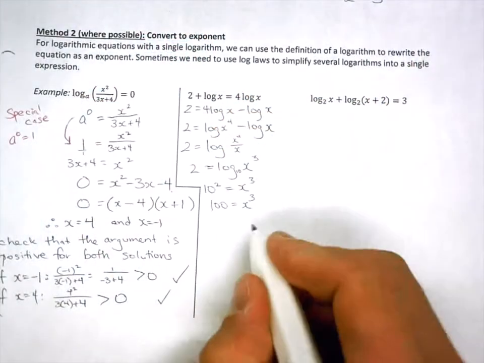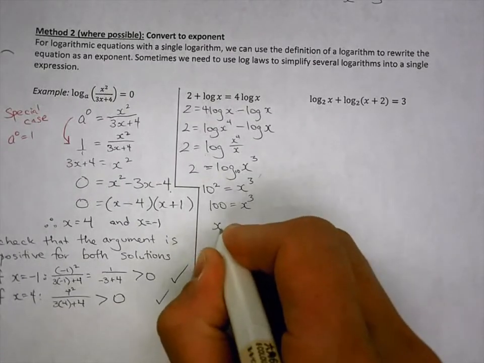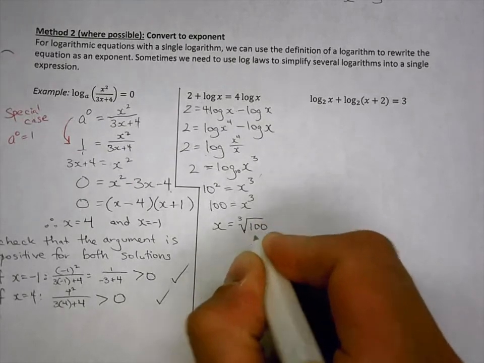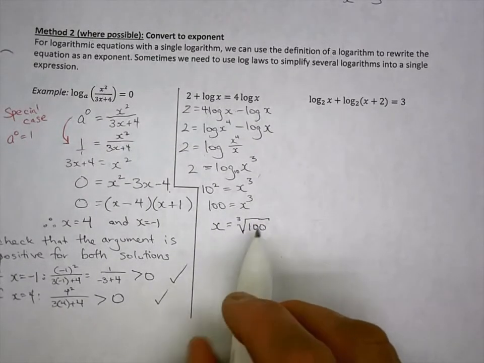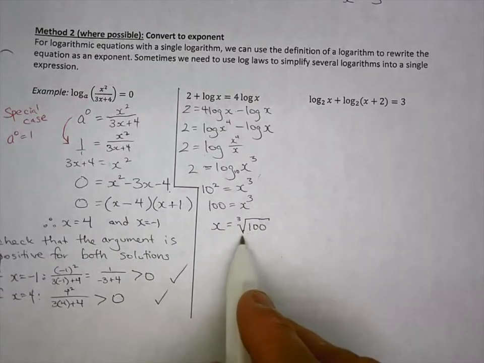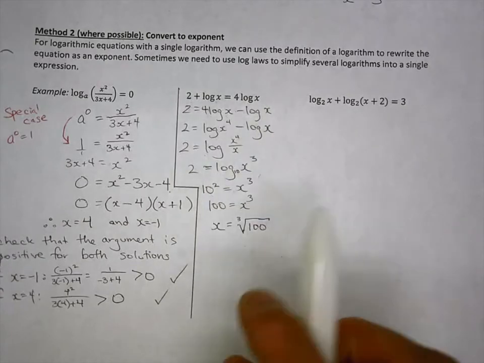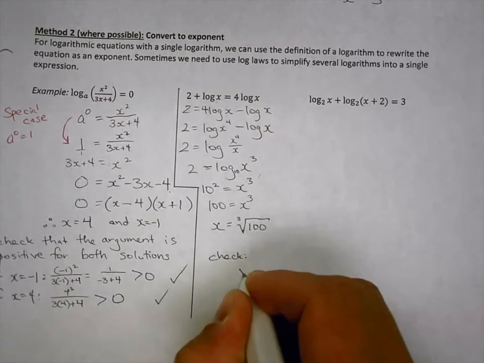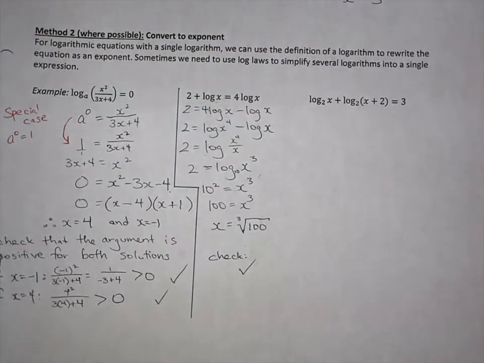Okay. Now, what's the cube root of 100? I don't have my calculator handy, but either way it's got to be positive. If it is positive, this is going to be okay and this is going to be okay. So as long as it's positive, it's fine. So my check is good. This answer would be valid on a non-calculator exam.